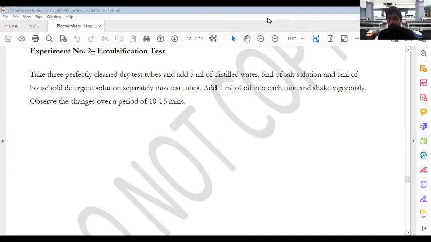As I explained earlier, milk is a good example of a naturally forming emulsion. Other than that, butter is a very good example of a food processed emulsion.